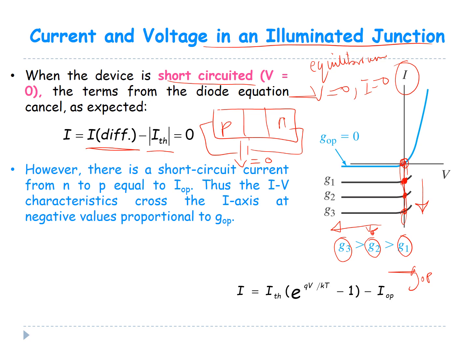So if V is less than 0 volts to be precise, you get a situation like that, where the current is constant with increasing reverse bias.